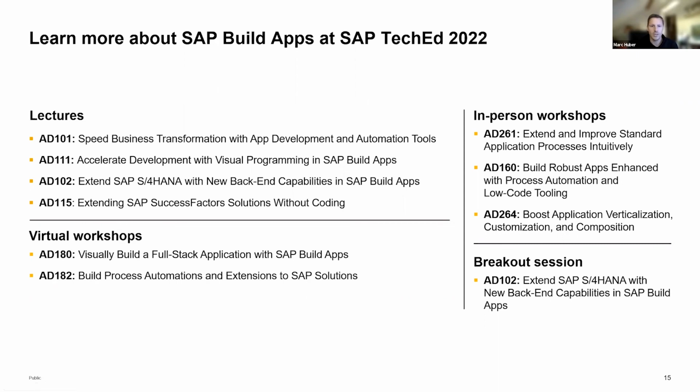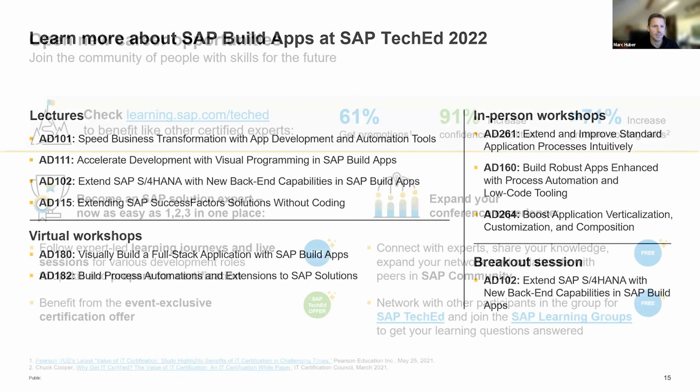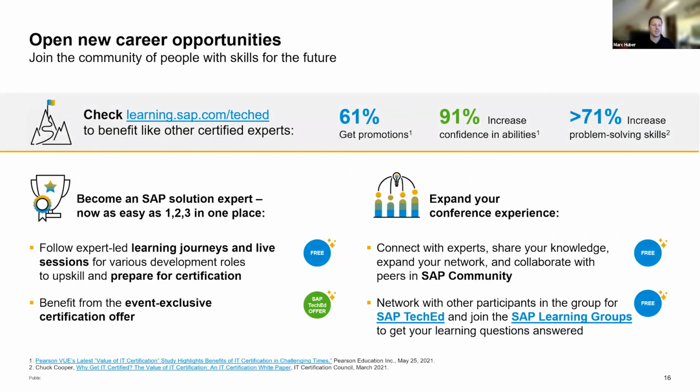And yeah, what else do we have? There are a lot of career opportunities. So if you are checking out the learning on learning.sap.com, we also have a certification at the end, so you can become a certified low-code, no-code developer if you're interested. And feel free to join our learning groups, connect to other participants.